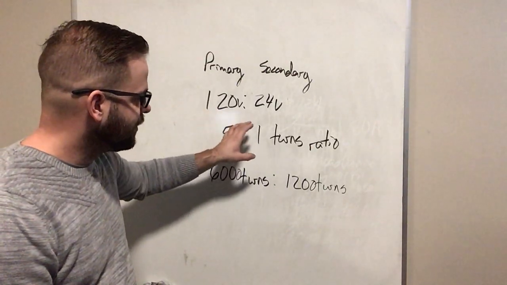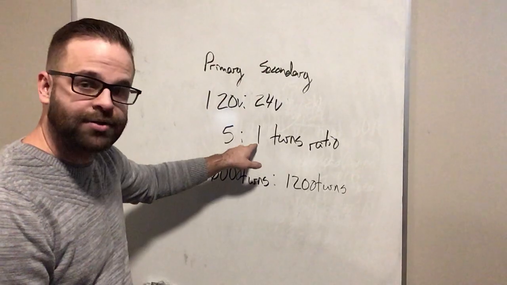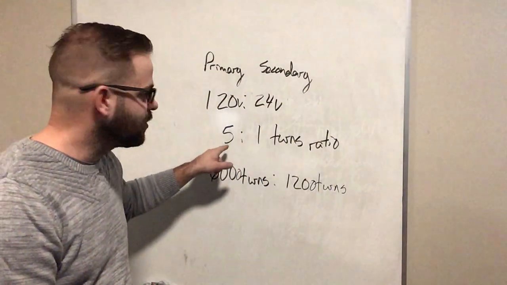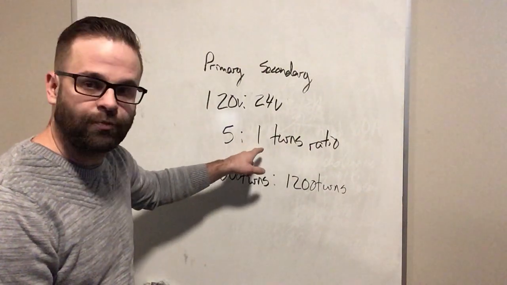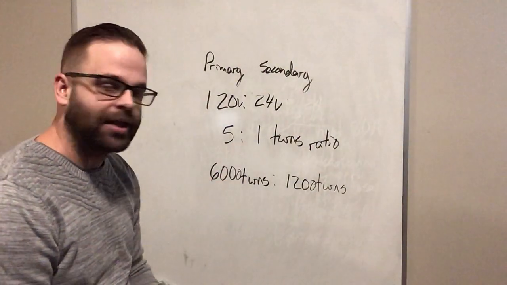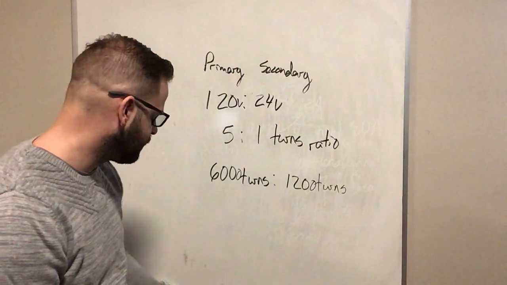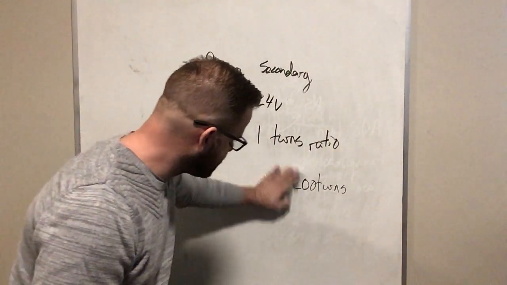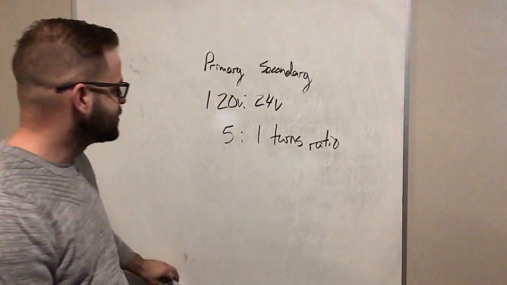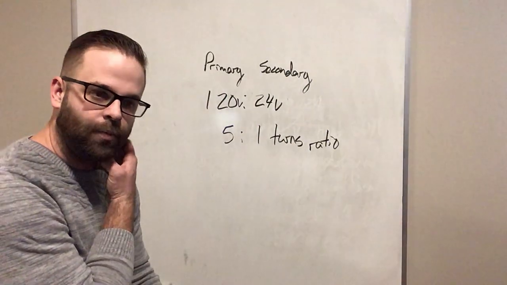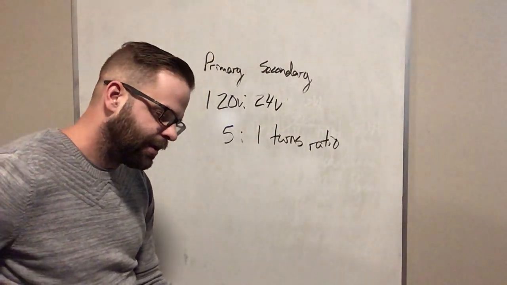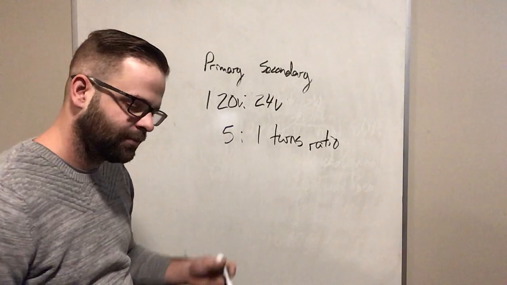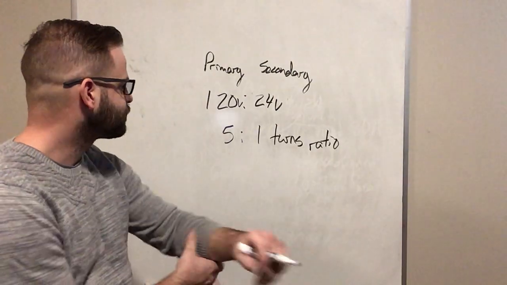And then if I had 24 volts per turn, and I had 2 turns on this side instead of 1, I would end up having 48 volts instead of the 24. Interesting thing with this is transformers always come with a kVA rating on them, or your volts times your amps.